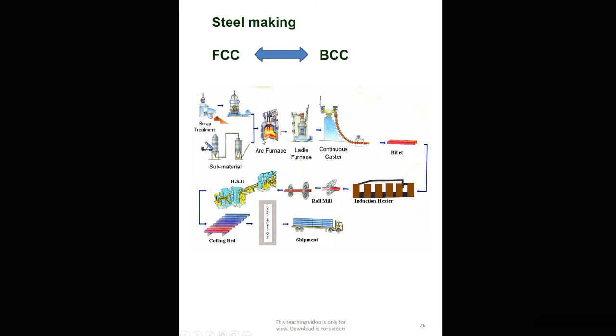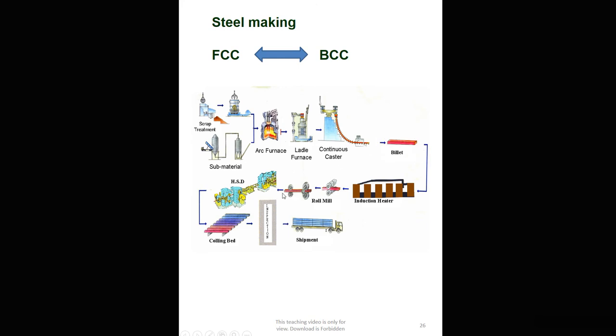So I would like to review the steel making process. In the first step, the steel waste goes into the furnace and is melted, then cooled down to become pellets. But we cannot use this because it has only one dimension.